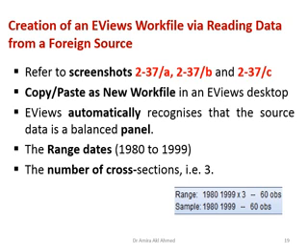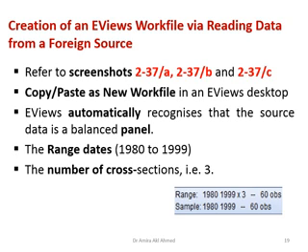EViews can create a new work file by opening data from a variety of formats, including Excel, RATS, Stata, and SPSS. EViews automatically identifies the format and the structure of these files.